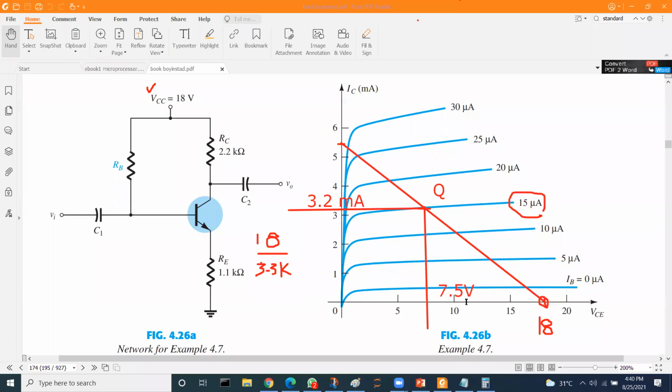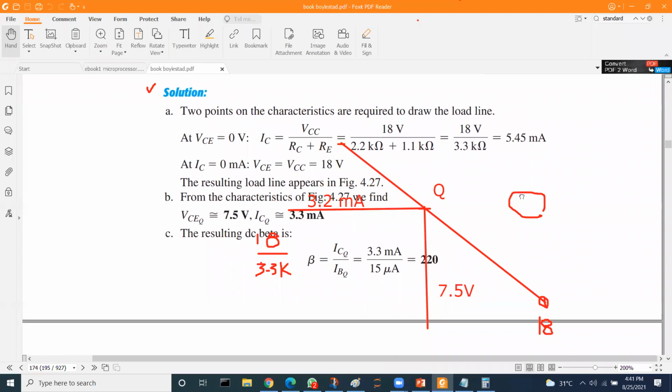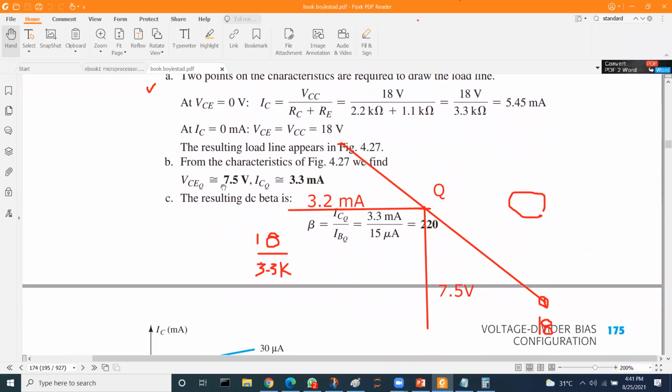So this is the Q point, where we can find ICQ and VCEQ. Let me see what the answers are in this book. It is 5.45 milliamperes, the value of IC, and similarly we can see in B it is 7.5 volts. We have found 7.5 volts and approximately 3.3 milliamperes, which is very close to 3.2 milliamperes.